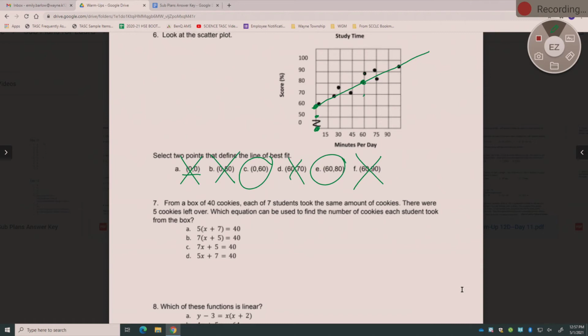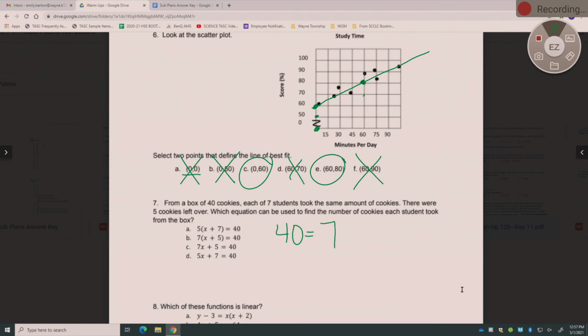Number 7, from a box of 40 cookies, each of 7 students took the same amount of cookies. There were 5 cookies left over. Which equation can be used to find the number of cookies each student took from the box? So if we think this through, we've got 40 cookies in a box, right?